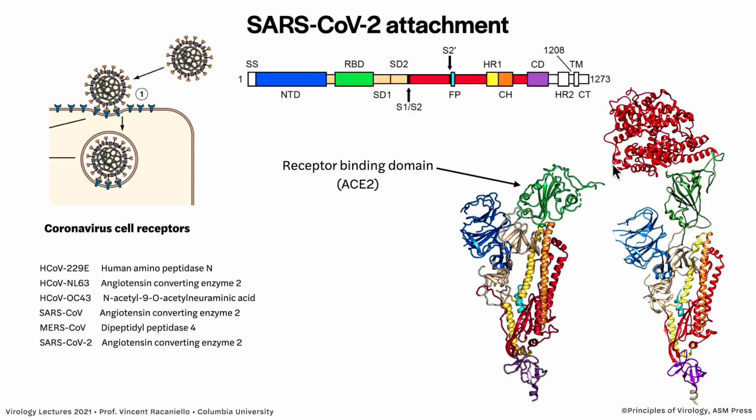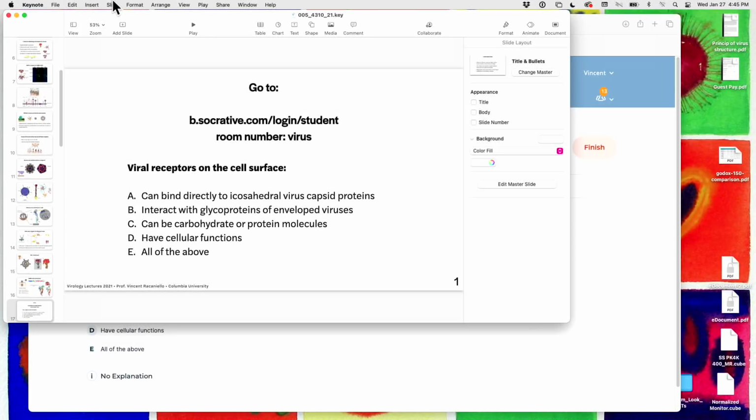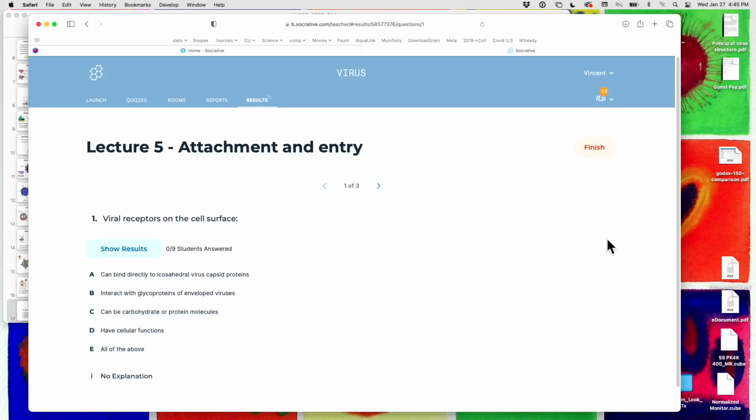Now, if you look at this linear diagram, you can make corresponding colors. The blue is the N-terminal domain. Here's the receptor binding domain. And all these other structures down here are colored. We'll get back to this today in more detail because they're involved in cell entry. The amount of information we have generated on SARS-CoV-2 is absolutely astounding.